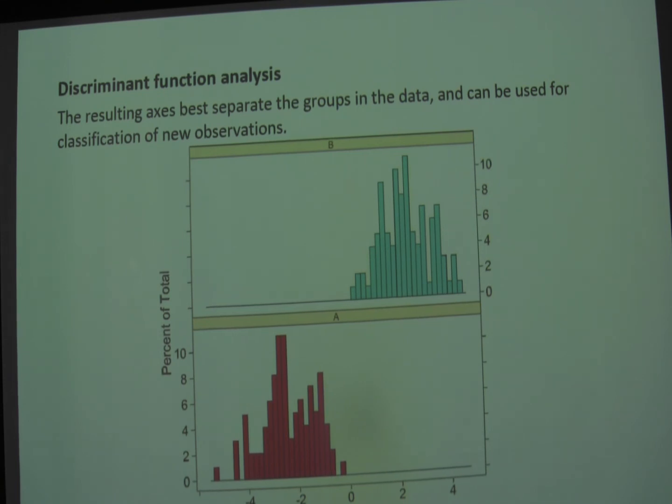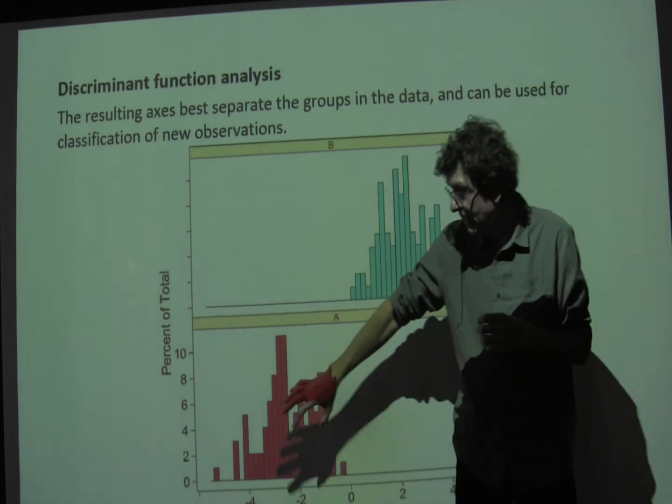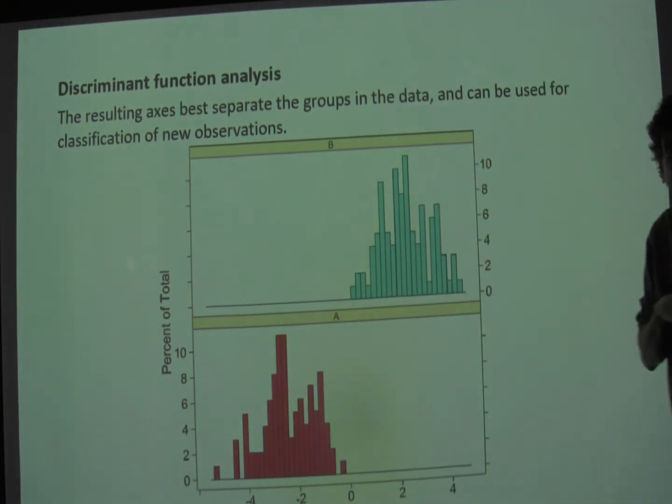And so the way that people would handle that in a situation where they were trying to discriminate groups is that the discrimination would be conducted on a randomly sampled half of the individuals from this group and half of the individuals from this group.